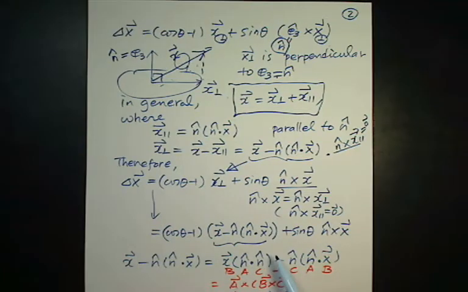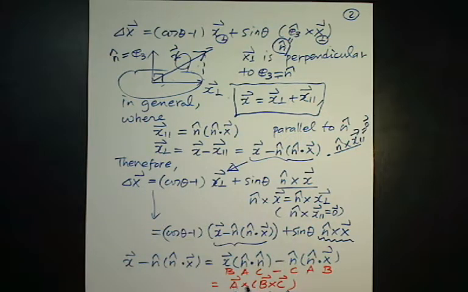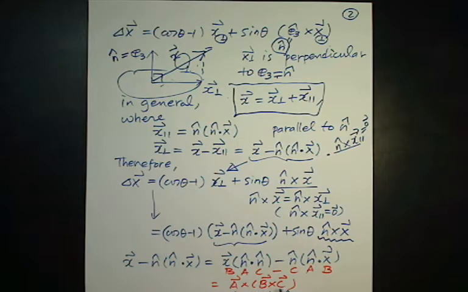Right. Now, n hat cross x appears, and this component also appears. But we can make use of the BAC-CAB rule. For example, a cross b cross c equals b times a dot c minus c times a dot b. So by making use of the BAC-CAB rule, this is b(a·c), they are the same.